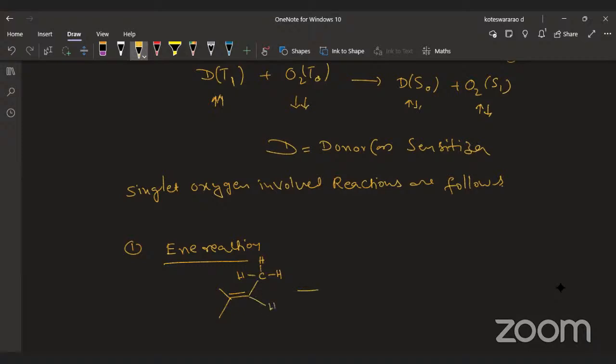Now, whenever you treat this with singlet oxygen in the presence of a sensitizer, it leads to the formation of the corresponding peroxide.